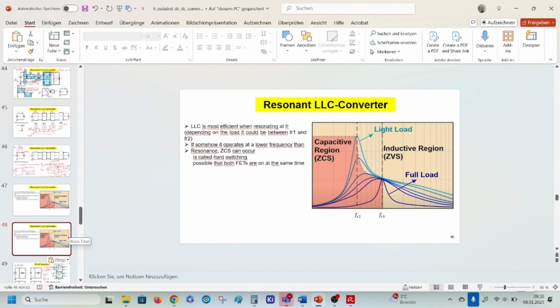Let's say this is 1. This X is called the gain axis, and this X is our frequency axis.